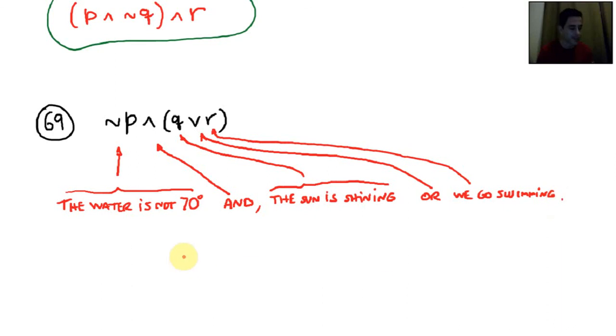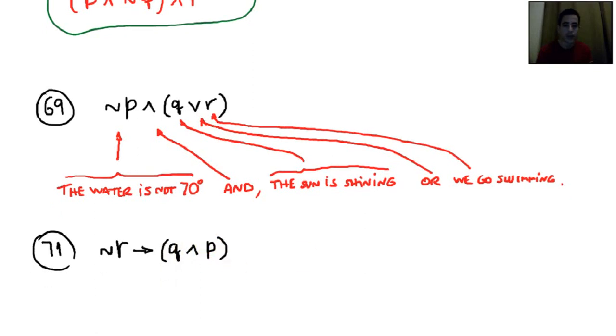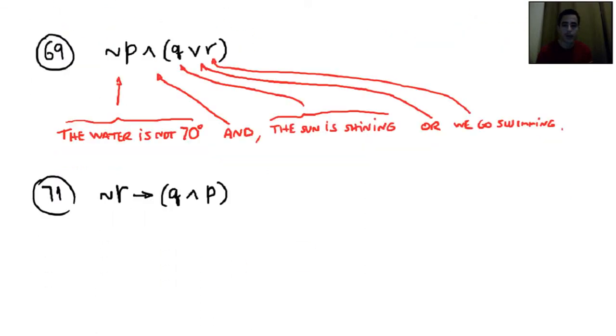Let's look at number 71, because that has a conditional. It is negation R, conditional, and then Q and P. Let's start with this.